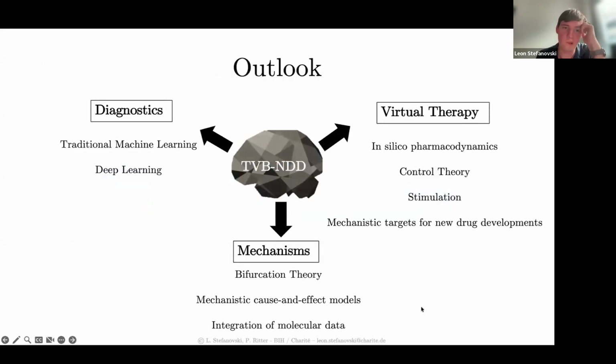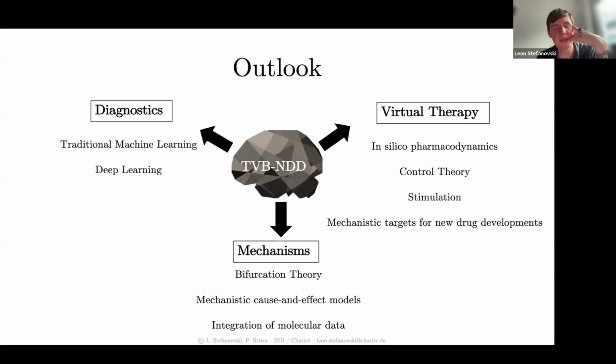So as an outlook, I come back to the three potential clinical applications. Diagnostics can be improved, I think, mainly with machine learning or deep learning, or in general, I would say the use of artificial intelligence together with this data, because it's very complex data usually.